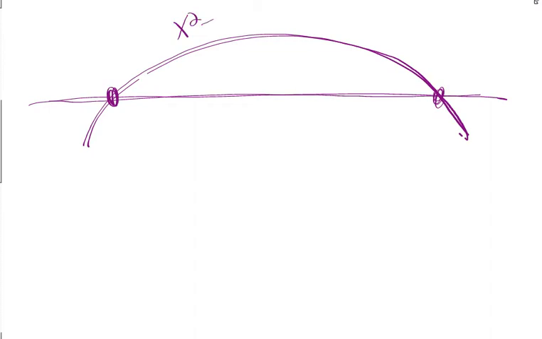A parabolic jogging path intersects both ends of a street. So let's look at what that would look like. There's a parabolic jogging path. Here's my street. So it's intersecting here and here. Okay. The path, so this parabolic path, has an equation of x squared minus 25x equal 0.